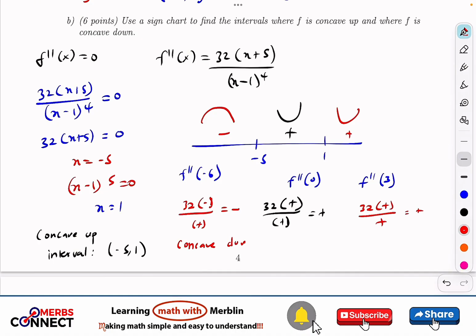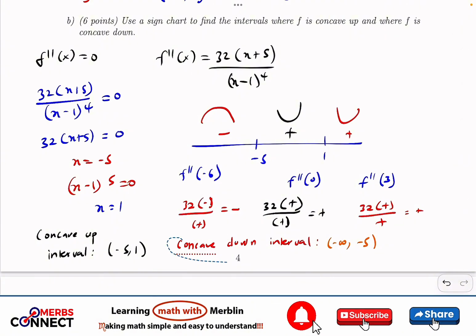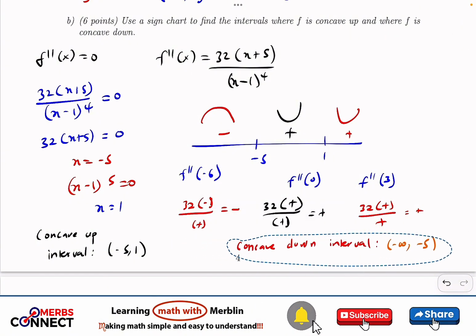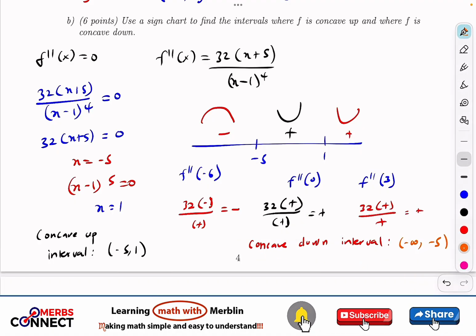Concave down interval is going to be from -infinity to -5, and then from 1. Oh, okay. I think concave up should be rather 2. Okay. So concave down is just the one from -infinity to this, and this one rather should be from 1 to positive infinity as well. Good. So that will be the concave up.